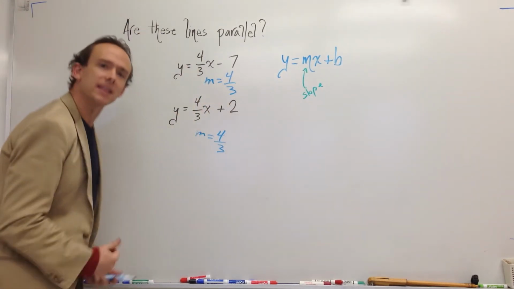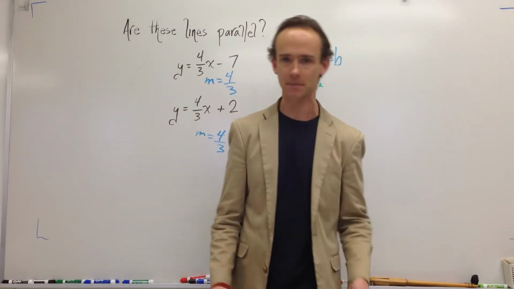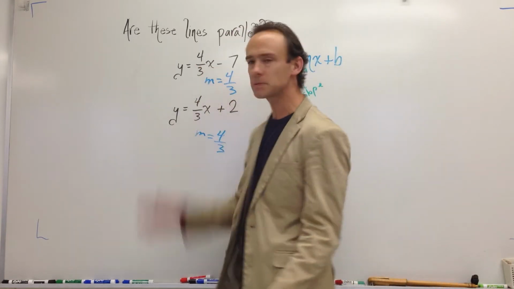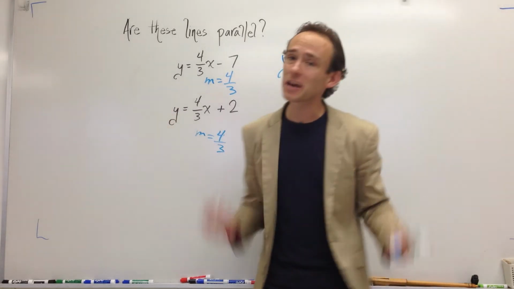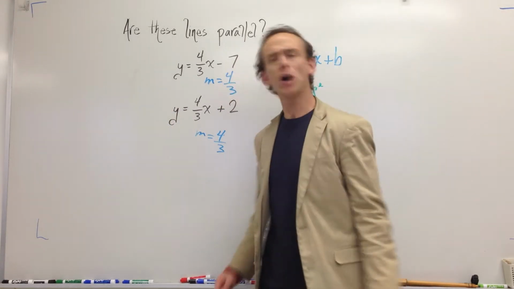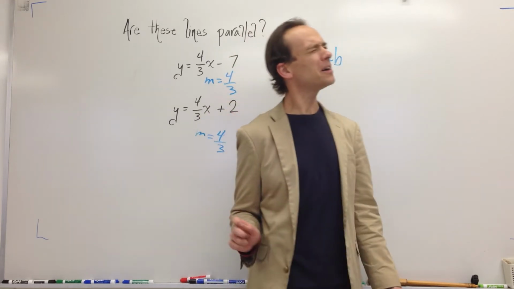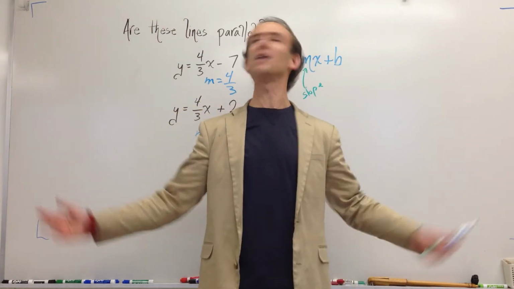That means they're parallel. If you have the same slope, you're parallel every time. Not 98% of the time, 100% of the time. And if they don't have the same slope, are they parallel? No! If two lines do not have the same slope, they are not parallel. But if they do have the same slope, they are parallel.